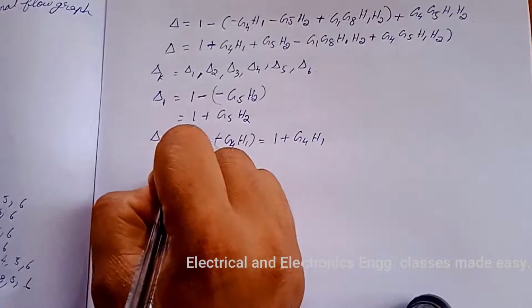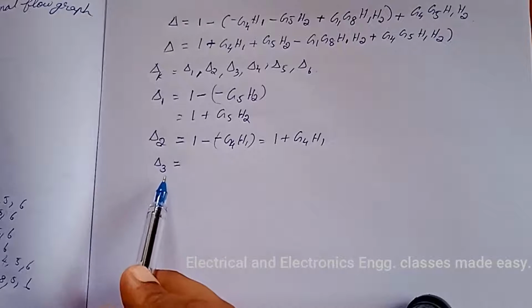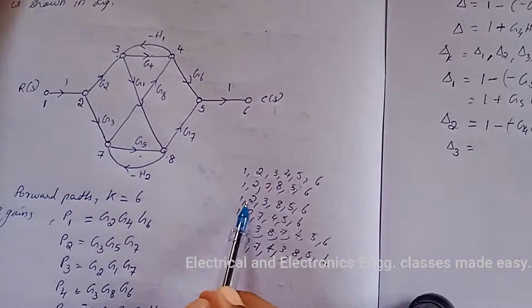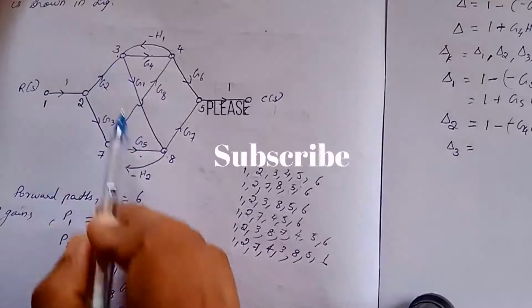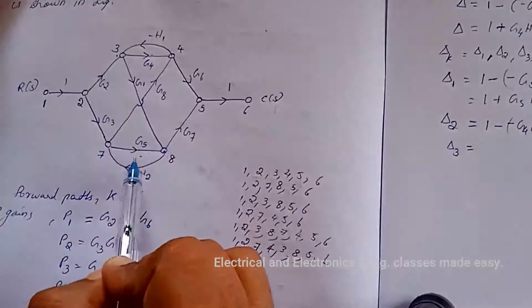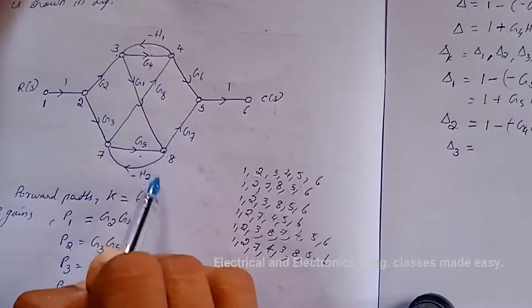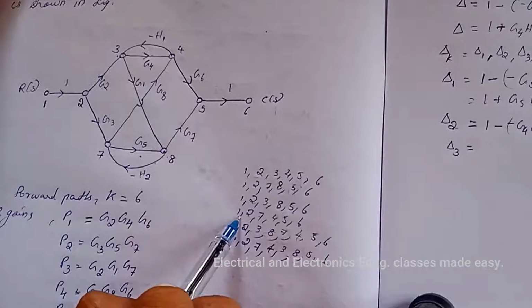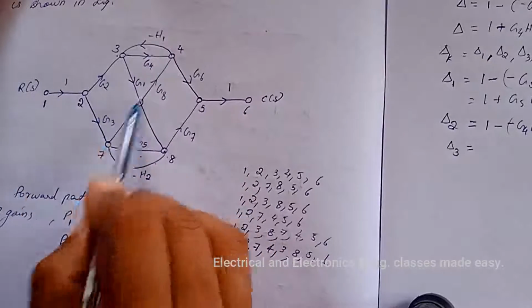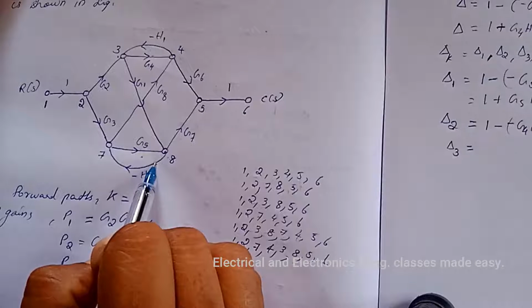Next is delta 3, and delta 3 is delta for that part of the graph which is not touching the third forward path. That is third forward path is 1, 2, 3, 8, 5, 6. So here the loops are touching. So delta 3 is 1. Then for the fourth path 1, 2, 7, 4, 5, 6, in this case also all the loops are touching. So delta 4 is also equal to 1.